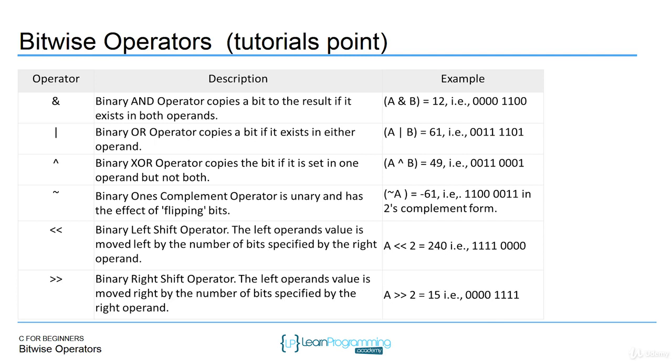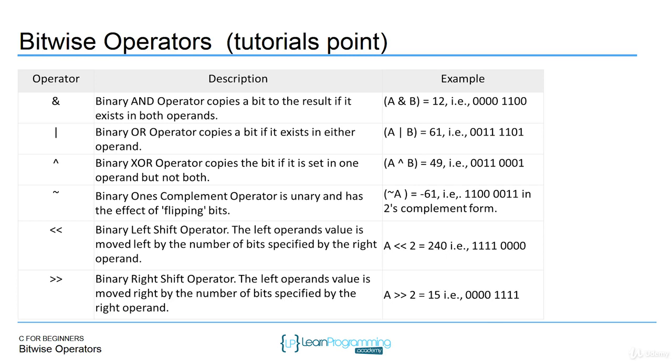If you do something like A shifted left by 2, and A is equal to some binary number, for example 00111100, you're going to shift the bits by 2. You're going to take off the zeros and it's going to become 1111, and those zeros are going to go to the end. The same goes for the right shift operator, you're just shifting them to the right as opposed to the left. Here you use the greater than symbols. And I'm going to go through these in a second.